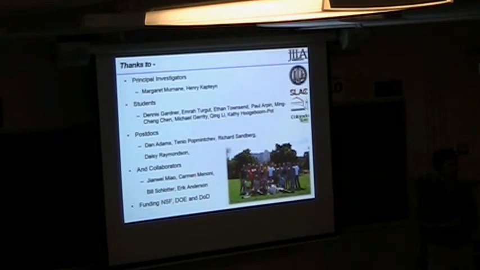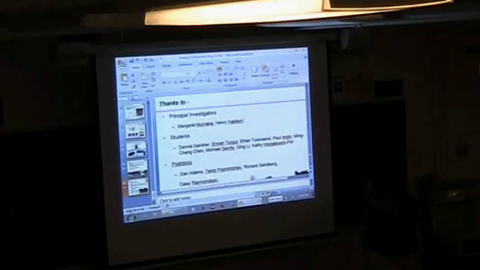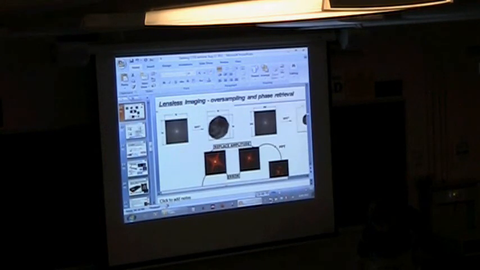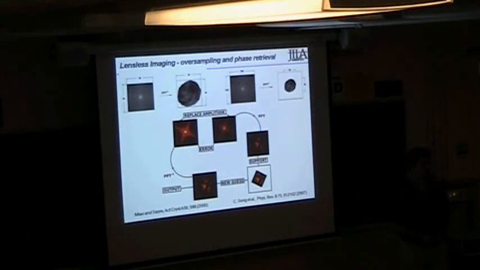How do you go about choosing the phase again? I'm not sure if I caught that. So basically, we can reconstruct the phase by just applying a constraint in each space, the image space and the frequency space.